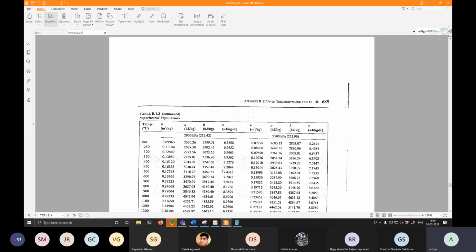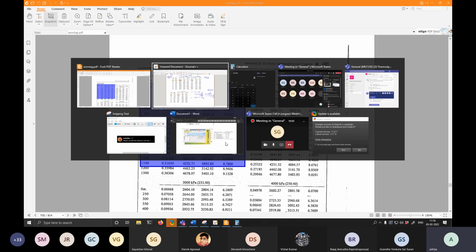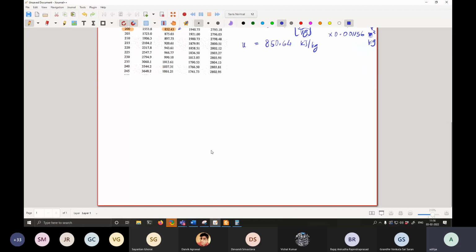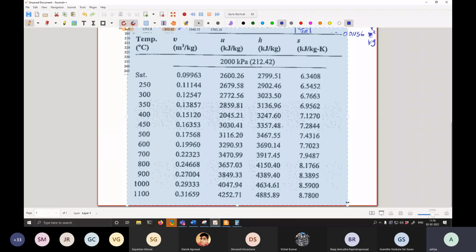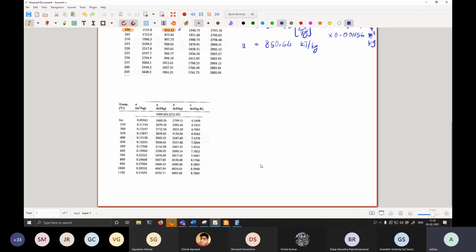I can also show you a data point in the superheated table. So we go to the superheated table. Let's say we focus on superheated steam at 2000 kilopascal. So this table is for superheated steam at 2000 kilopascal.